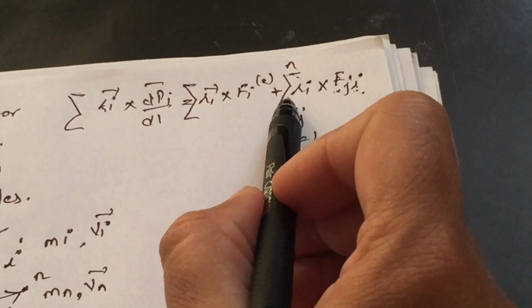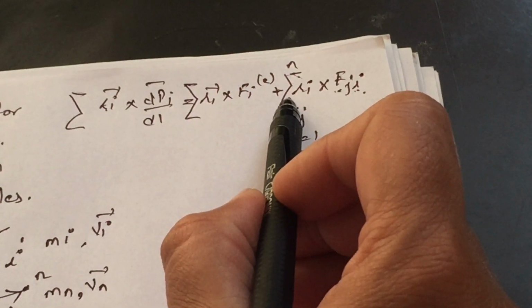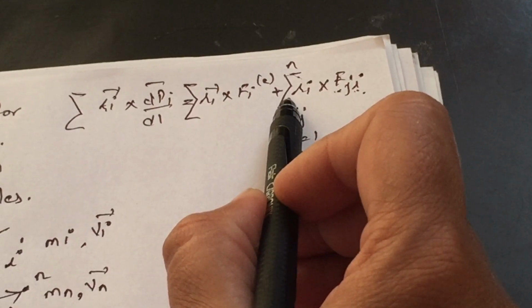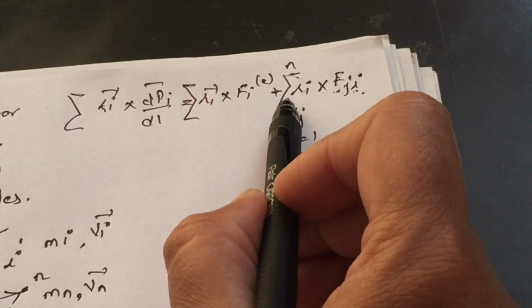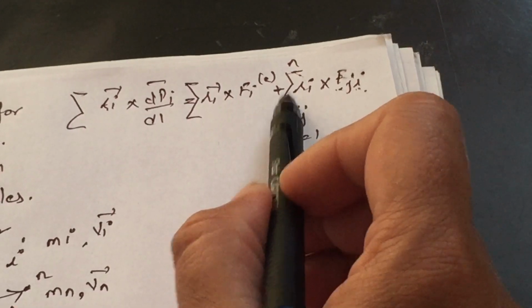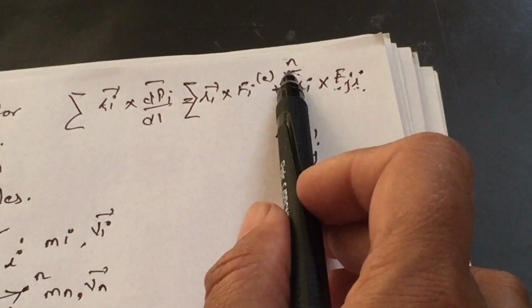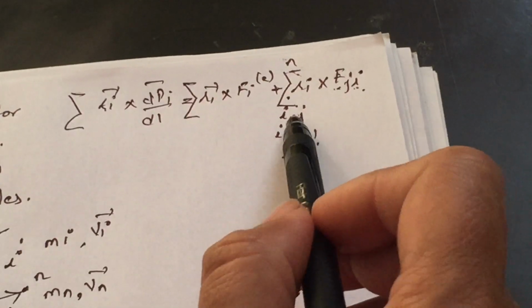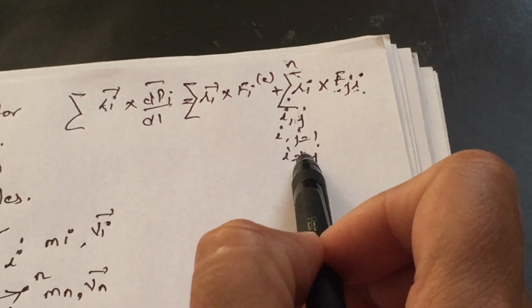This single summation is not representing a single summation, it is representing two summations. One expands with respect to i from 1 to n, and another is the summation j equal to 1 to n. Instead of two summations, we are using a single summation, but putting all the conditions of the two summations here.